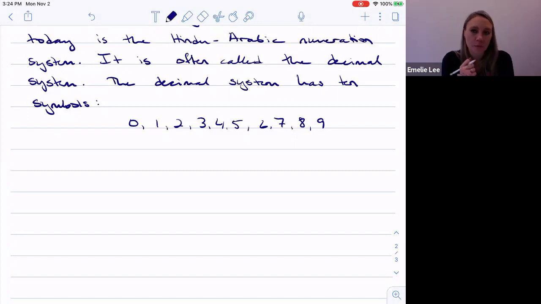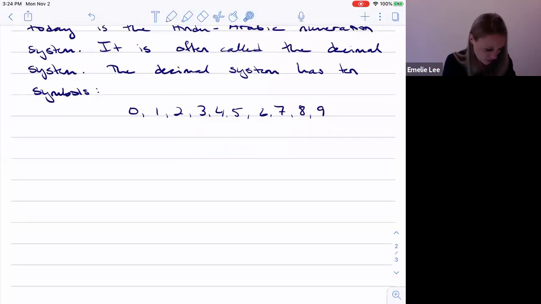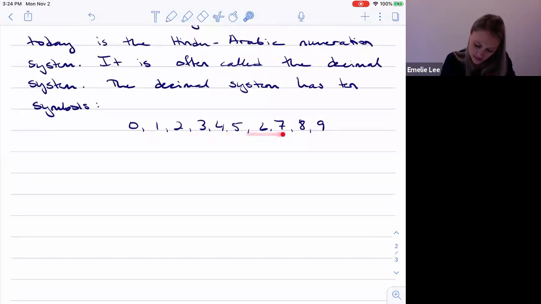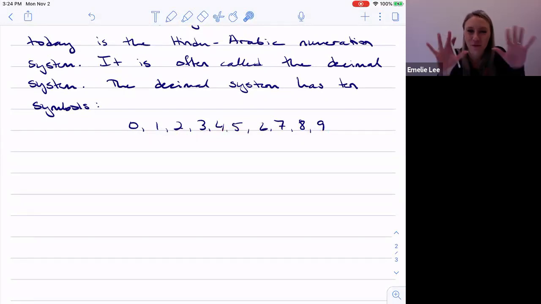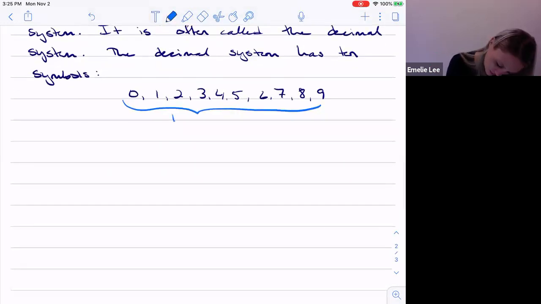We're just going to go through all that again. We call these digits. Digits are fingers, right? We have 10 fingers if we're lucky. So that's where the name came from. We have 10 digits, fingers, and that's where the name came from.